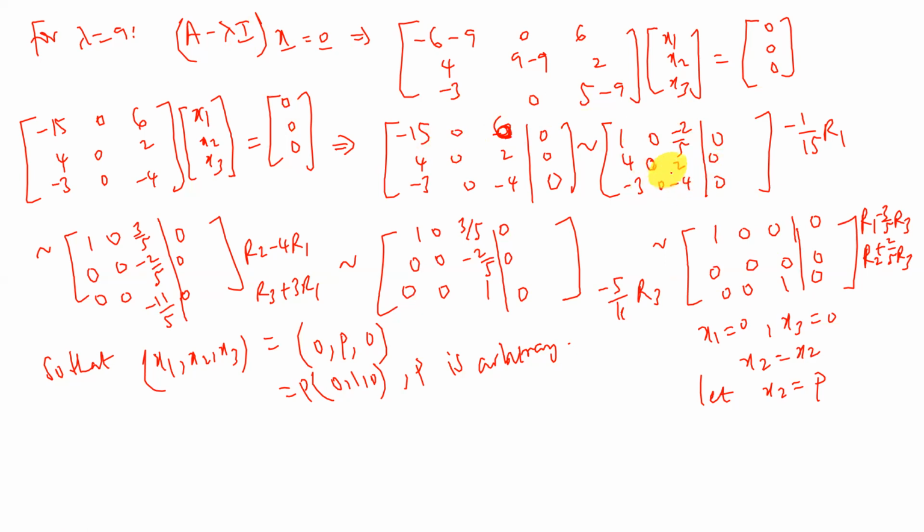Right, so the 4, 0, 2 is carried forward. We remove this one. So you have a minus 2 here, like this. Minus 2 here. Okay, let's see now.